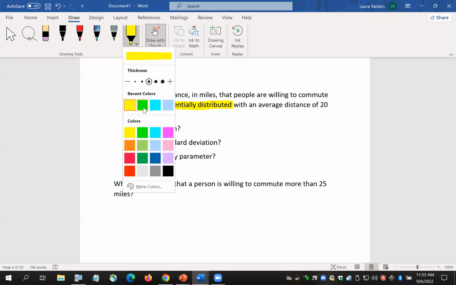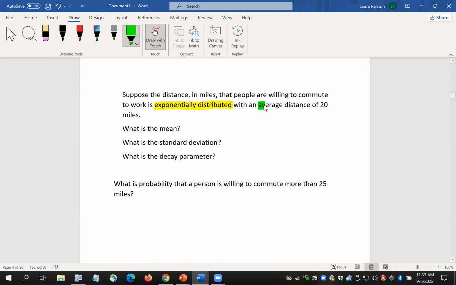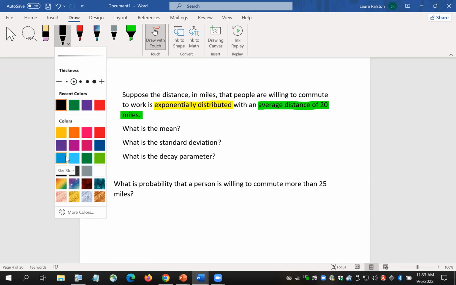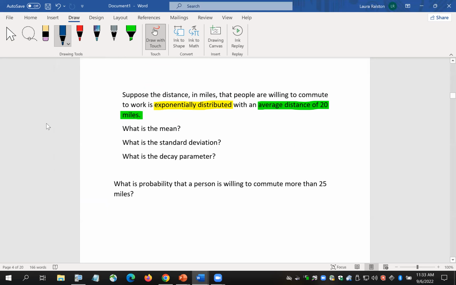And then it says with an average distance of 20 miles. In these scenarios, some, if not all, of the information that you need for working the problems is provided, such as the mean and possibly the standard deviation. Then it asks you the preliminary questions again. What is the mean? Remember, the mean is given in the problem. It uses the word average. So the mean is 20.